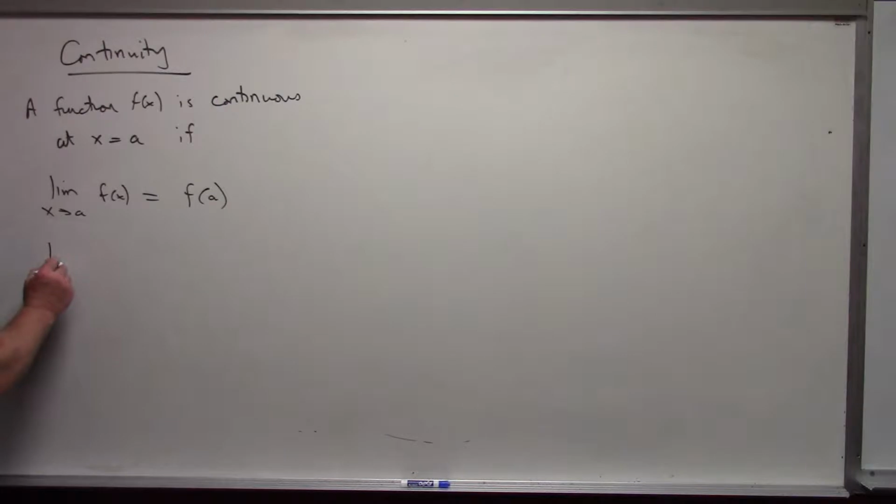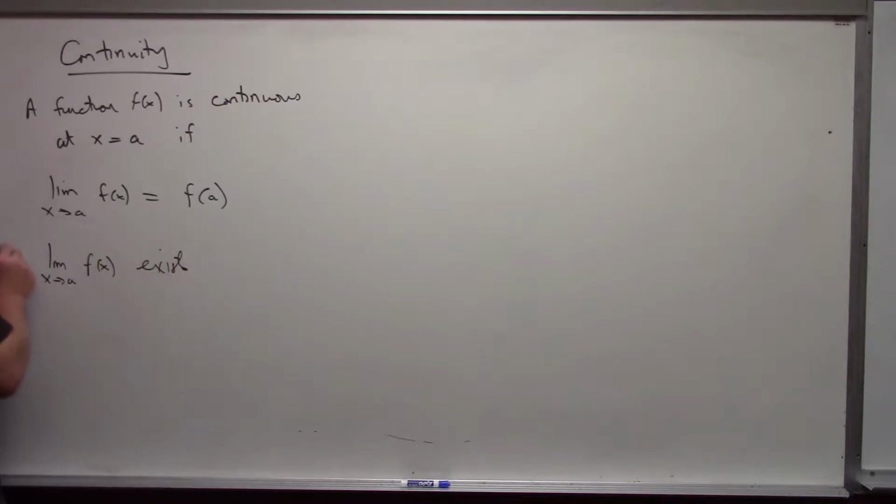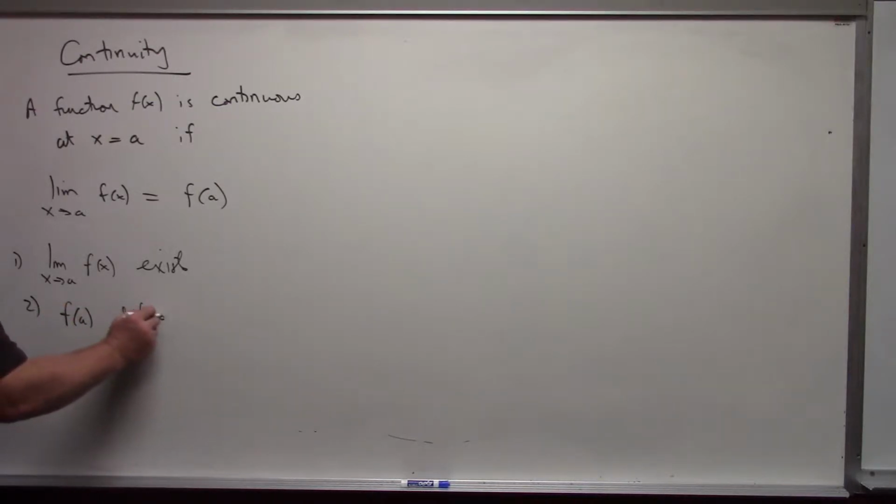The limit as x approaches a of f of x exists. 2, f of a is defined. And 3, these are the same.